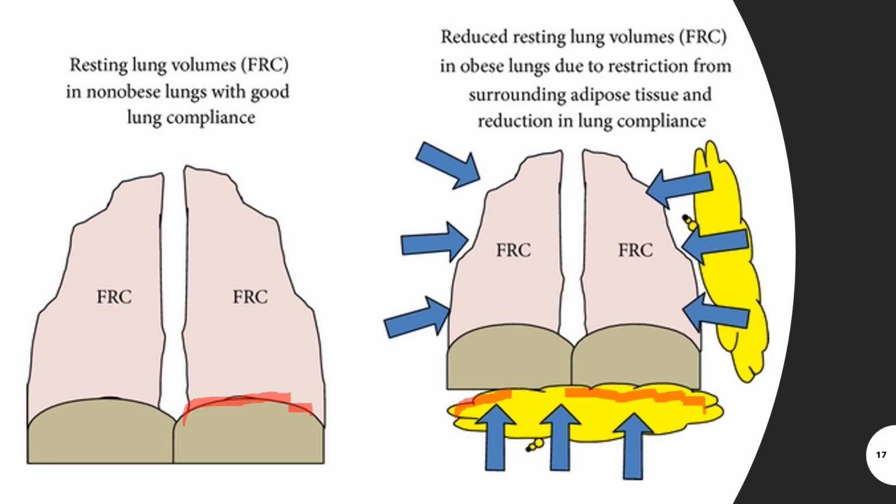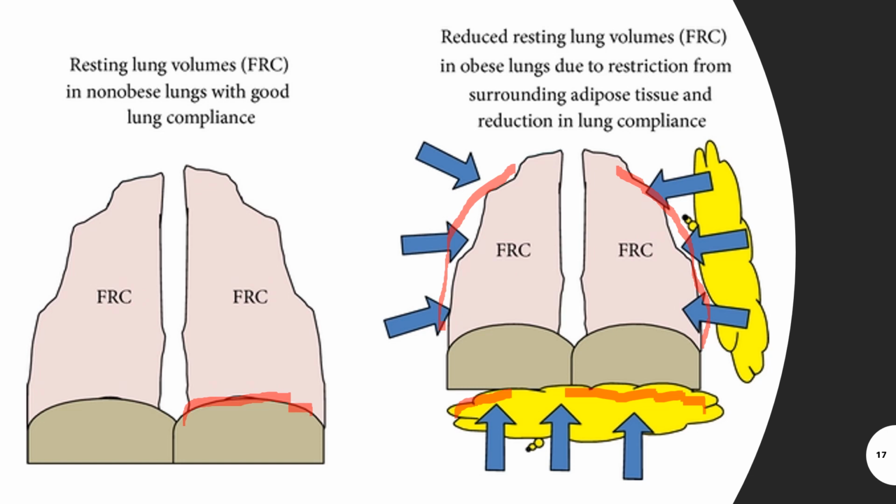So what that means is that you cannot take a deep breath. Also, this contributes to airway closure and collapse, where the alveoli don't get fully open and ventilated. So you have a lot of shunting going on there. And the second part of this I wanted to show you is when you have adipose tissue around the chest wall, obviously on both sides, the fat around the chest wall will impede ventilation.